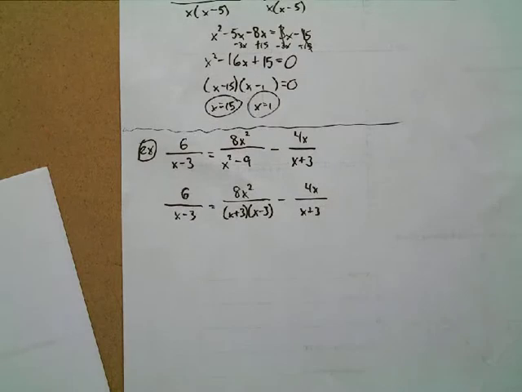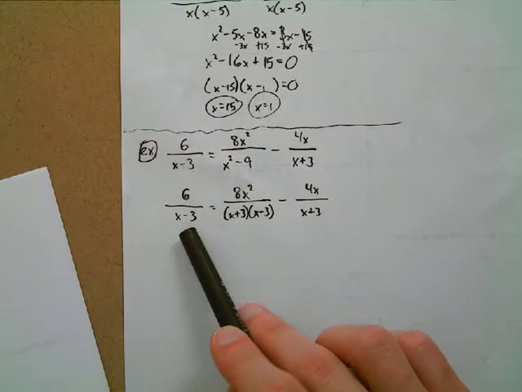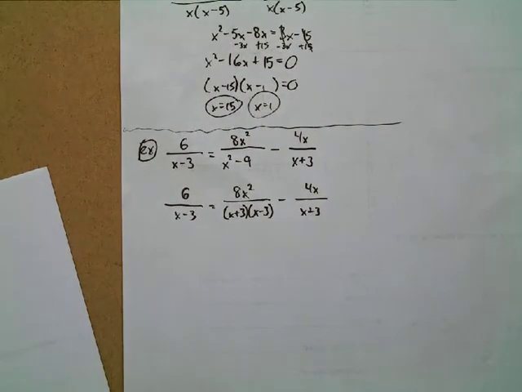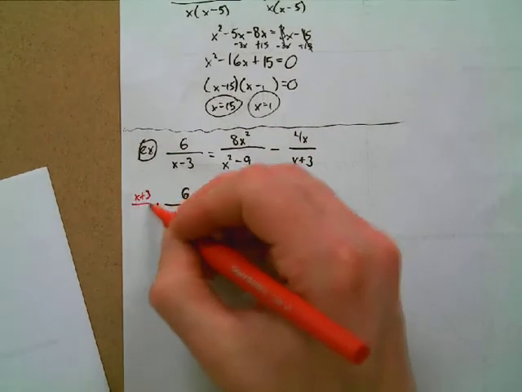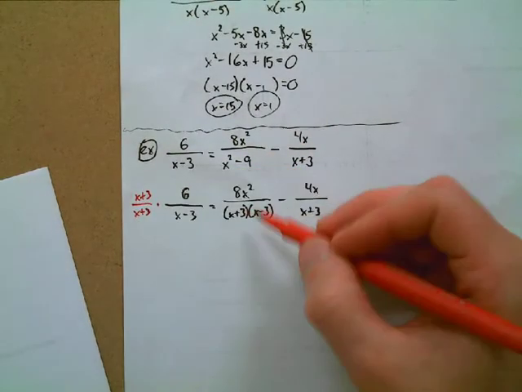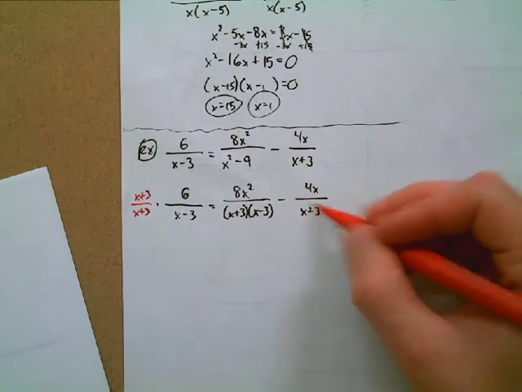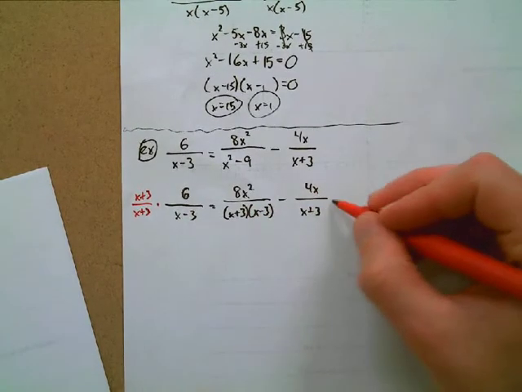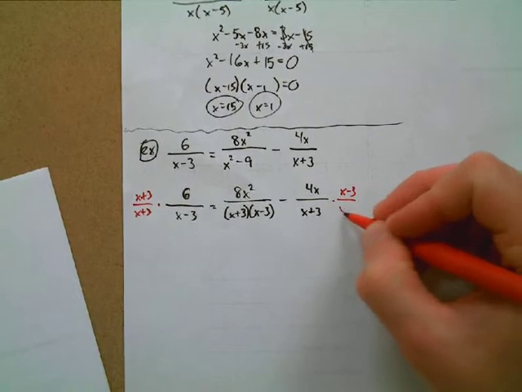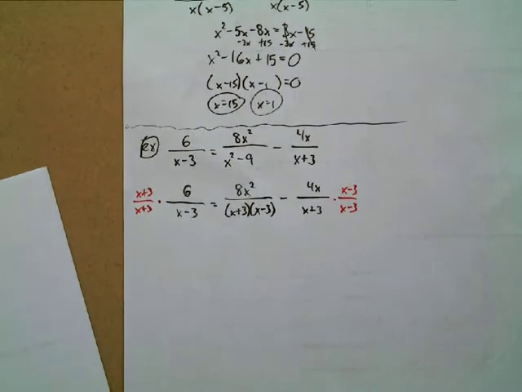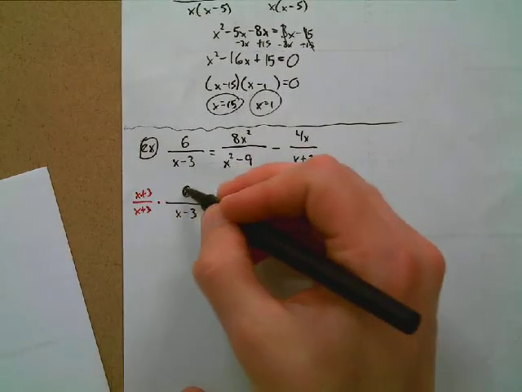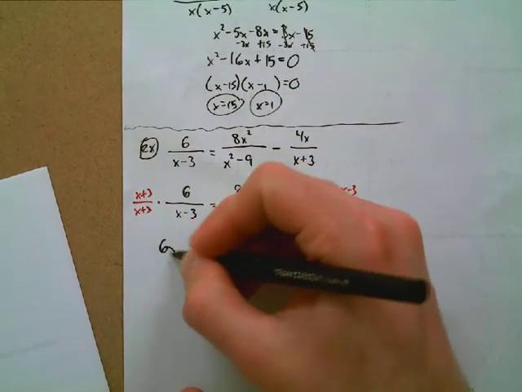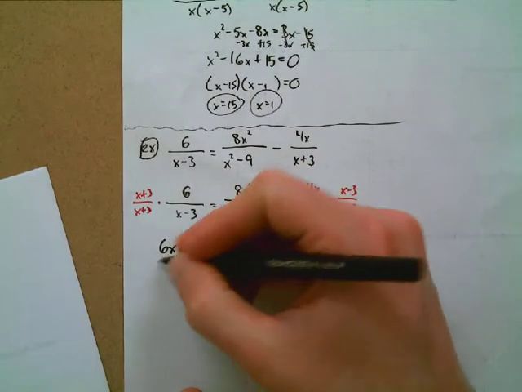So what is this denominator missing that this denominator has? An x plus 3, right? Okay. This one already has everything. How about this one right here? What's it missing? X minus 3. Okay. Multiply it out here. So I'll do this 6. It'll distribute. 6 distributes to the x and the 3, so we'll get 6x plus 18 over, and I'm not going to multiply out the denominator.